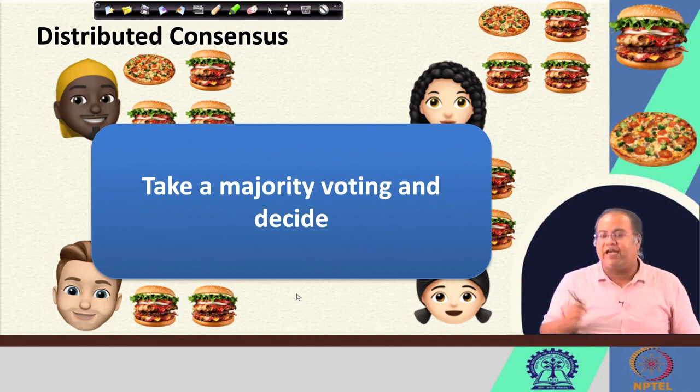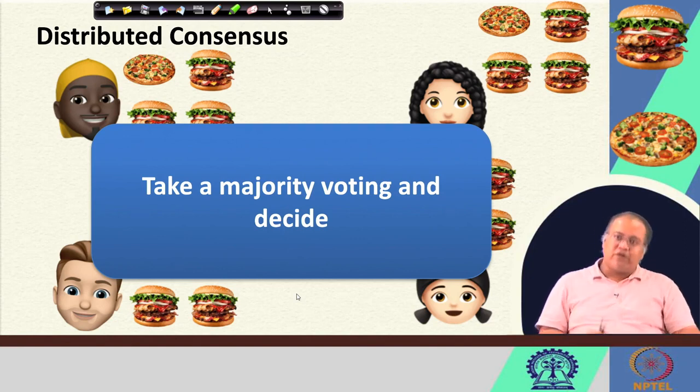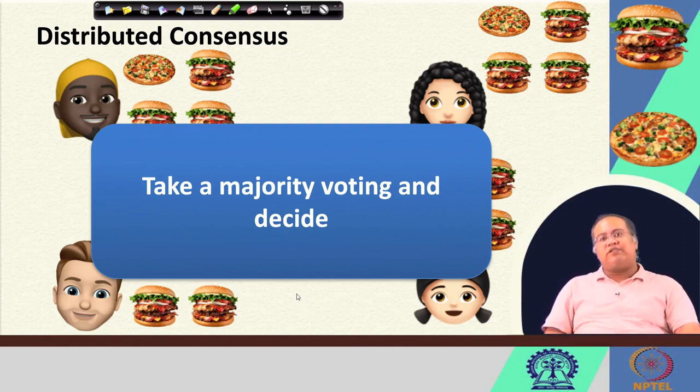In that case, such a distributed protocol works best. By making these phone calls, you can reach a consensus, take the majority vote and nicely decide where to go. But our life is not this simple.